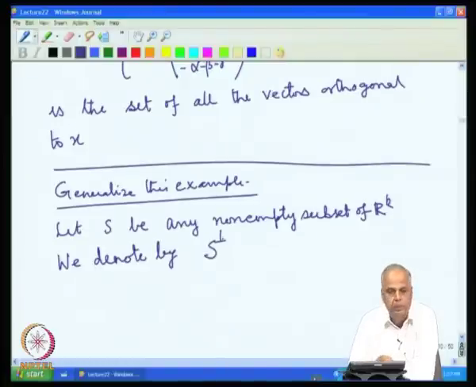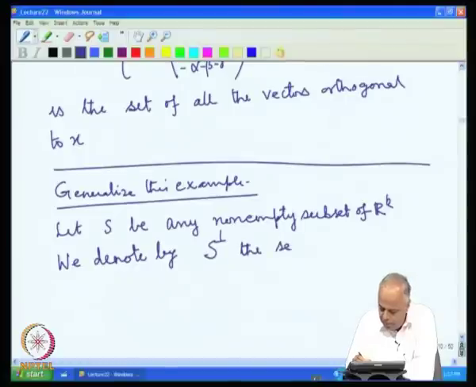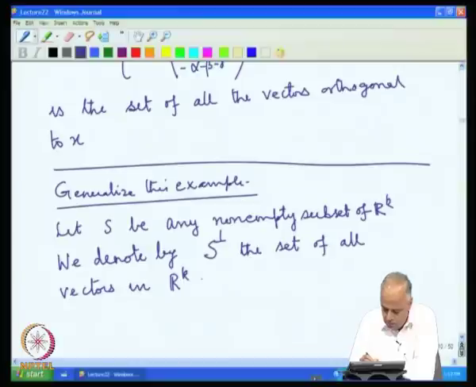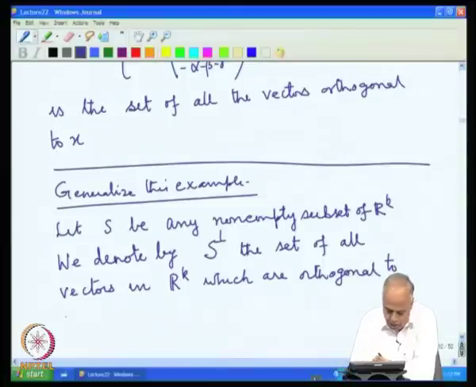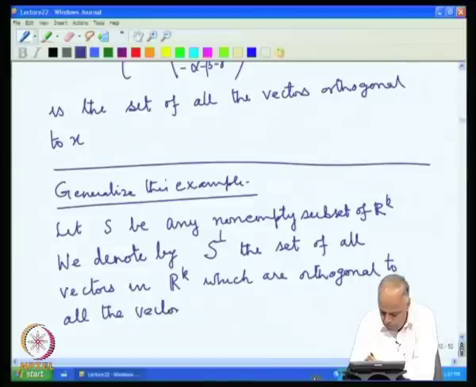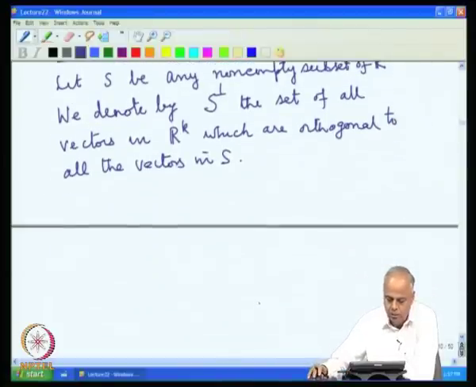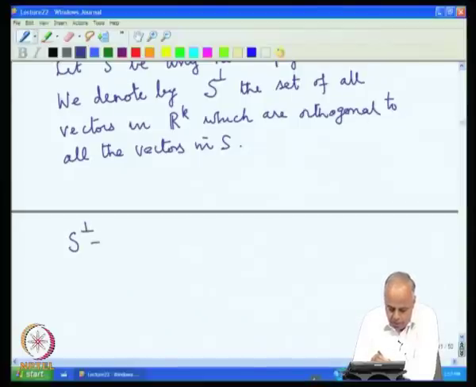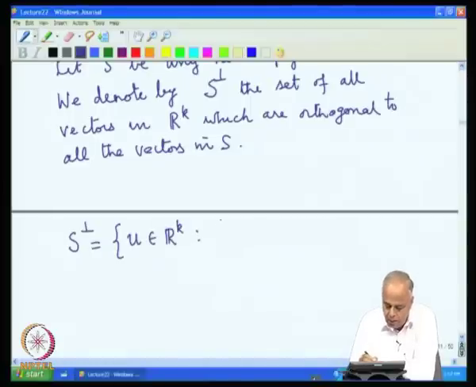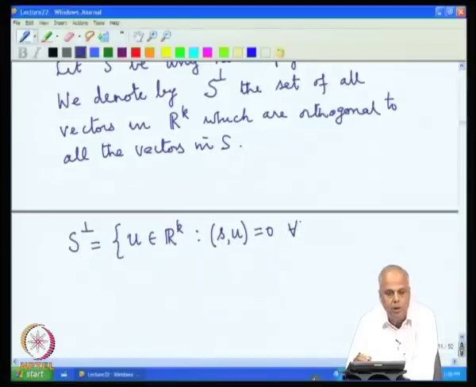by S perp, with a superscript perp, the set of all vectors in R^k which are orthogonal to all the vectors in S. So, symbolically we can write S perp is the set of all the vectors u in R^k such that u must be orthogonal to every vector s in S. So, we must have the inner product of s and u equal to 0, and this must happen for every s, because it must be orthogonal to all the vectors.